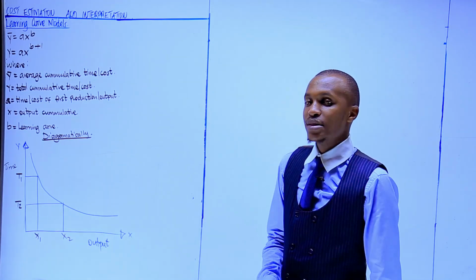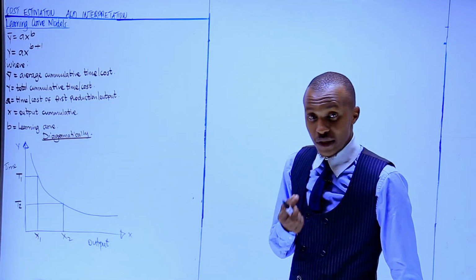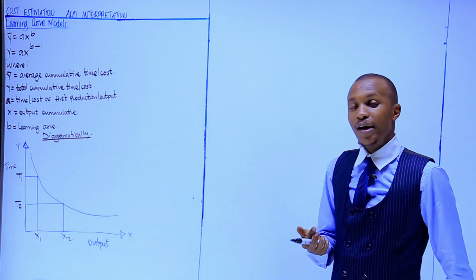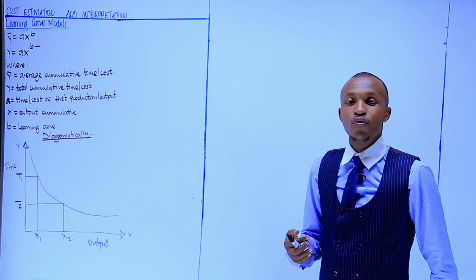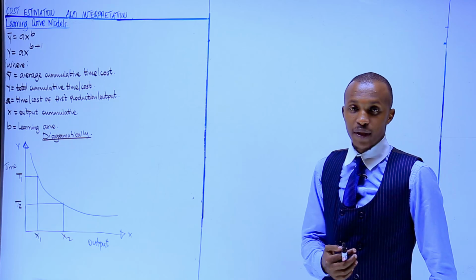It takes a lesser time to produce the second unit compared to the first unit. Why? Because of the impact of getting used to doing something.